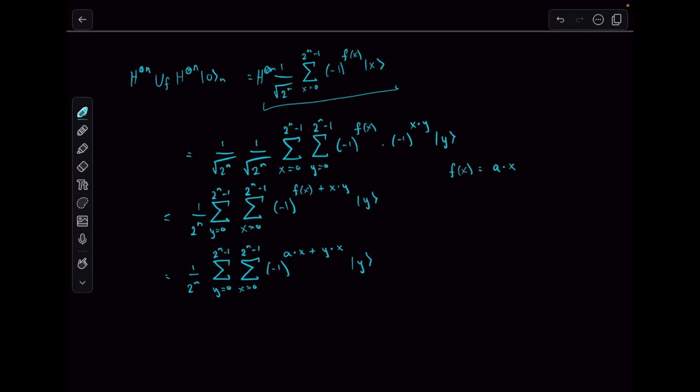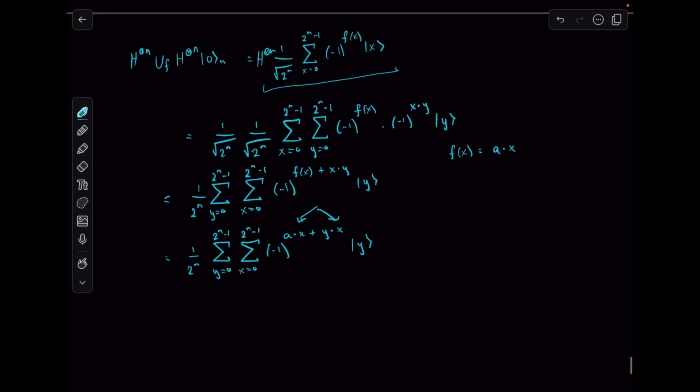And the reason I wrote it this way is because now we can use the distributive property for x, and we can pull out x here. And we can get this state where for each value of x and each value of y, we have this XOR between a and y dot x.